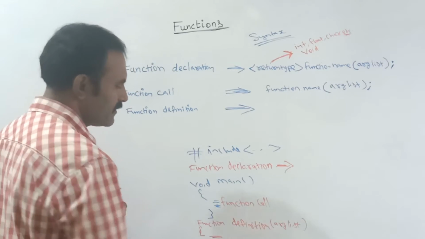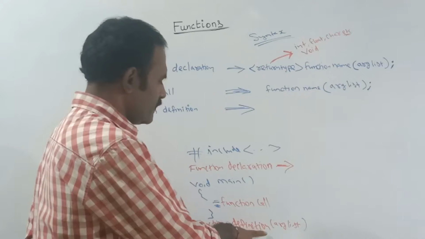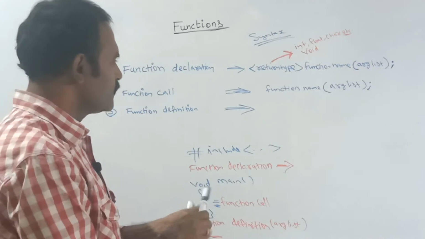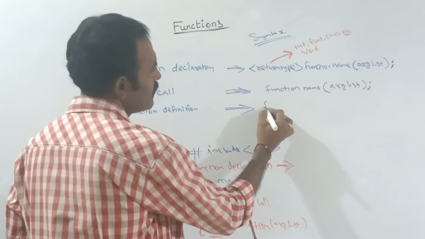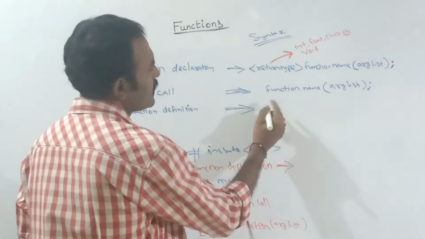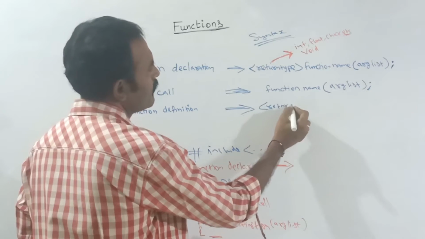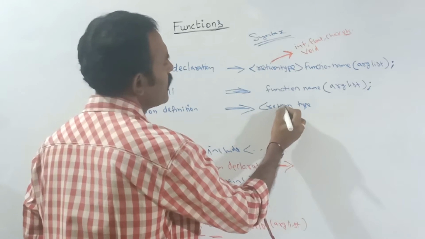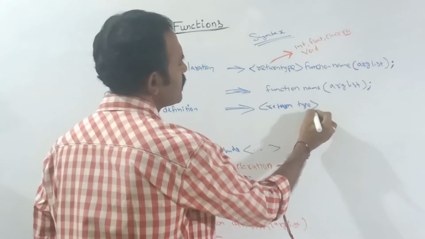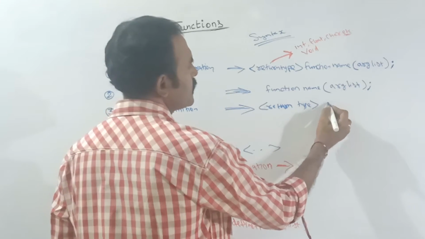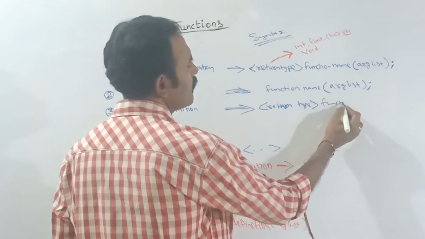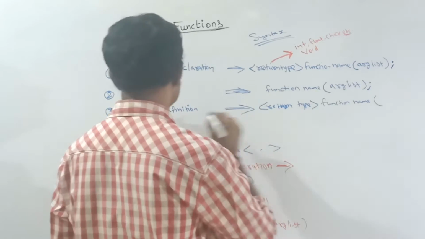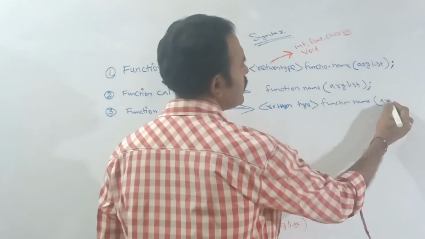In the function definition, first comes the return data type, that is, what type of data the function returns. Next the function name, after that the argument list.